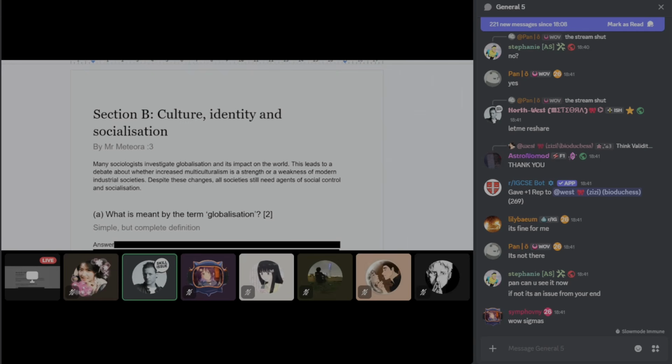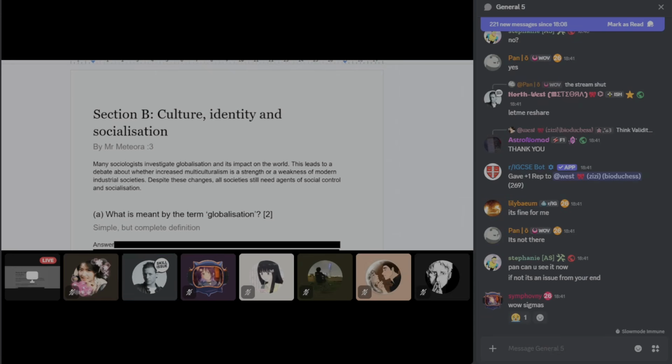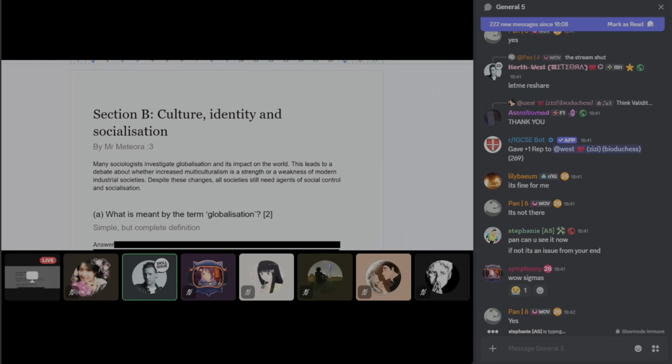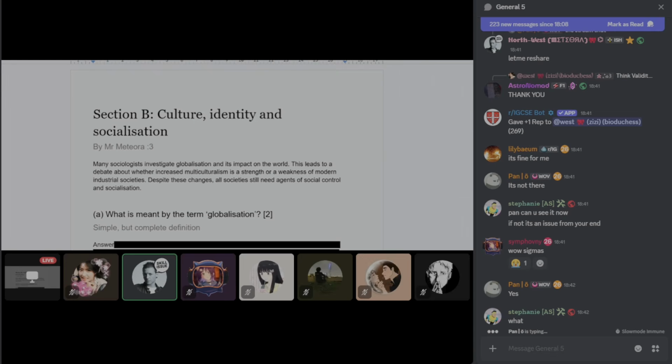Many sociologists investigate globalization and its impact on the world. This leads to a debate whether increased multiculturalism is a strength or weakness of modern industrial societies. Despite these changes, all societies still need agents of social control in socialization. So, what this is doing is basically giving you a preview of the questions. As you will now see, the questions are actually going to be related to this.